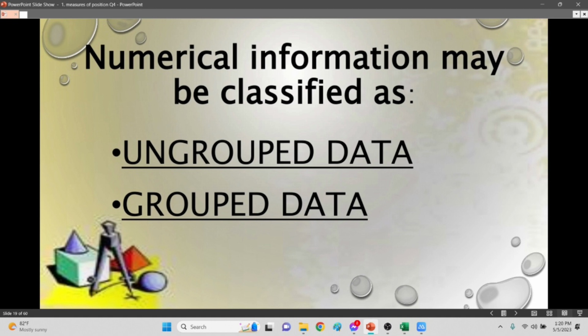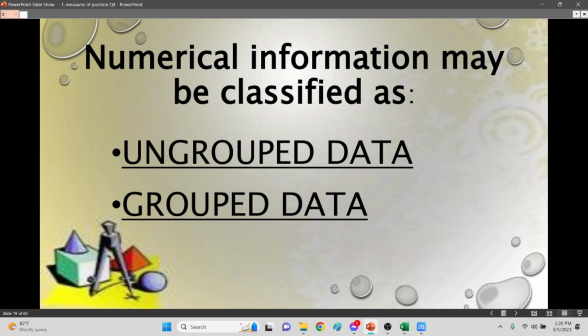But we are going to use the grouped data if and only if our data is more than hundreds or fifties. Saka natin gagamitin si grouped data, so to get our answer correct and also reliable.